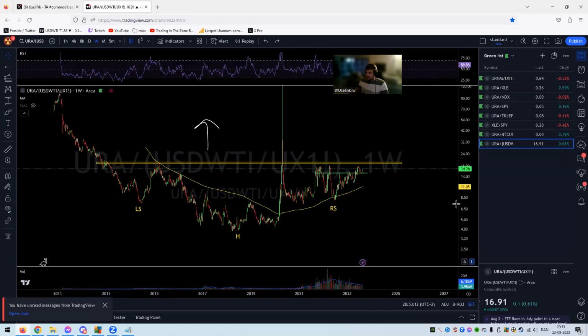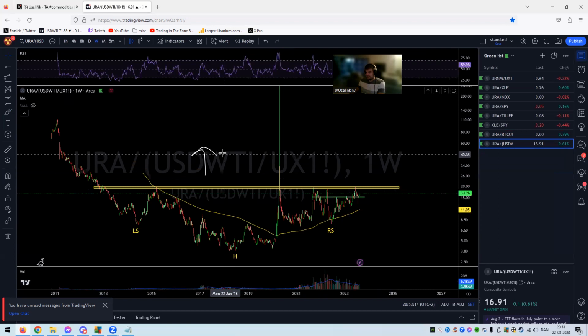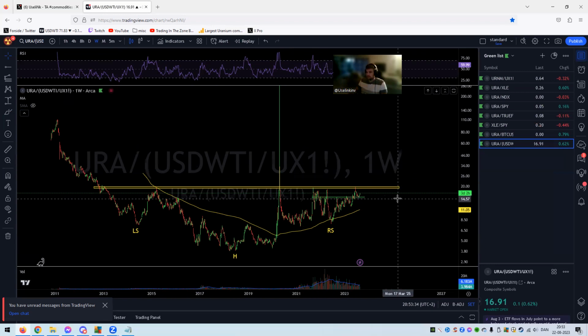So what we really want to see in this ratio, the way I see it, is that when we are going up, it means that the oil is going down, or the spot price is going up. Or a third option is that URA is simply outperforming the ratio in the middle here.